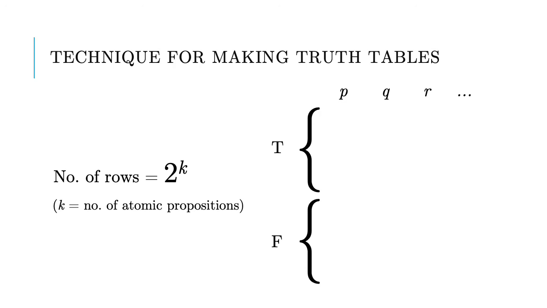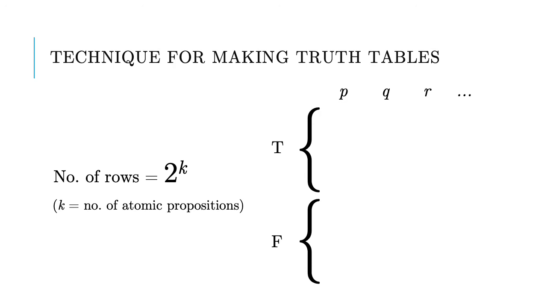Now consider that at the next node, the next proposition can have the values true and false, and so on. So you get a multiplying of 2 times 2 times 2 to the number of propositions that you have. So if we have one proposition, we get 2 to the 1, or 2 combinations to consider. 2 propositions, we get 2 to the 2, or 4 combinations to consider. 3, we get 8. 4, we get 16. 5, 32, and so on.